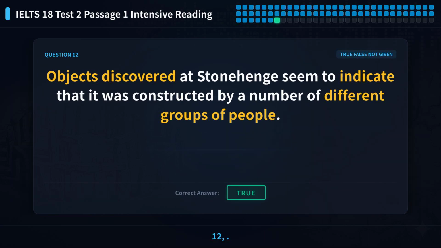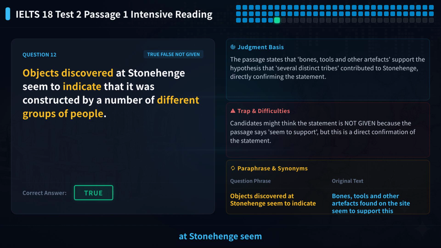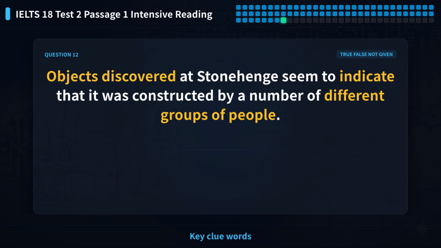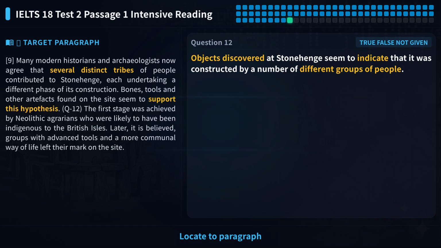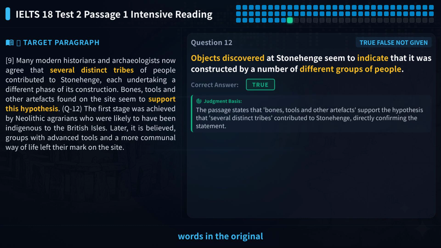Let's look at question 12. Objects discovered at Stonehenge seem to indicate that it was constructed by a number of different groups of people. Key clue words in the statement: "objects discovered," "indicate," "different groups of people." Locate paragraph 9. Scanning landmark words in the original text: "bones, tools and other artifacts."